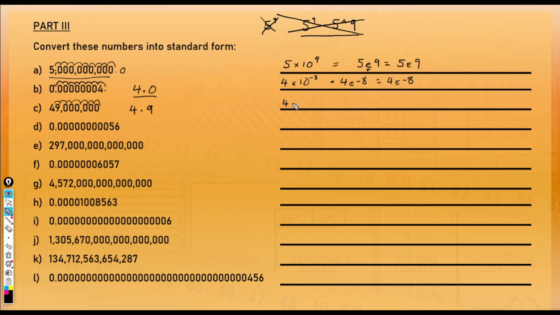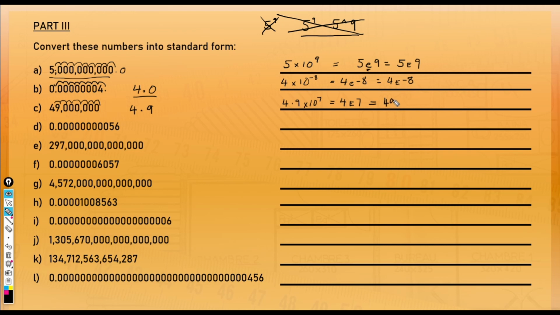So this is going to be 4.9 times 10 to the power of 7, or 4.9e7.